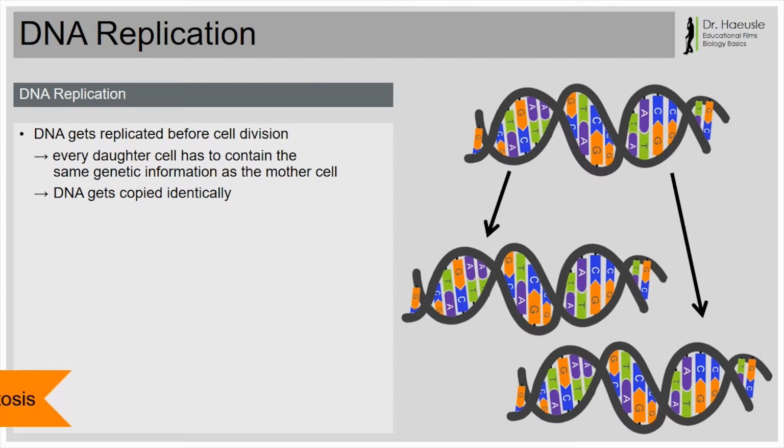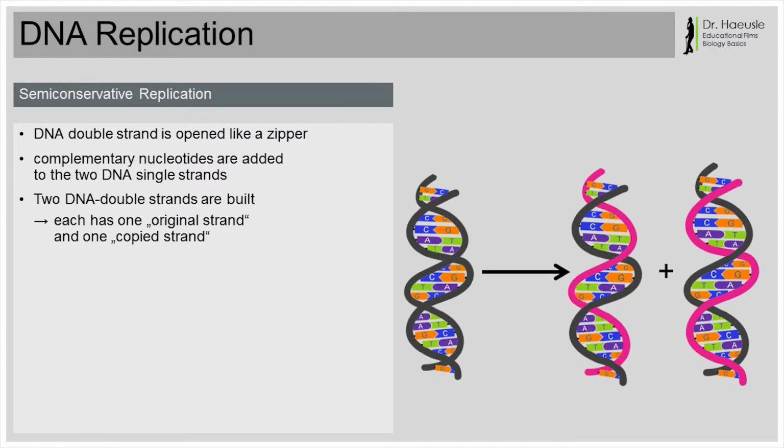And how does DNA replication take place? DNA replication happens as semiconservative replication. First, the DNA double strand is opened, just like a zipper. Then complementary nucleotides are connected to both strands of the double strand. Like this, one original double strand becomes two double strands that each consist of one original single strand and one new single strand.